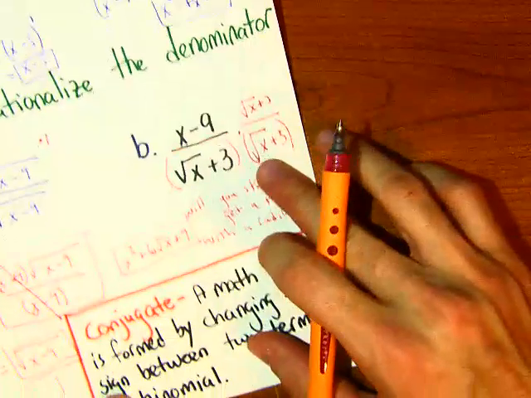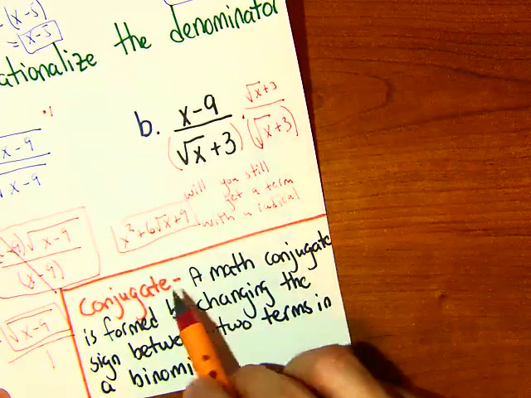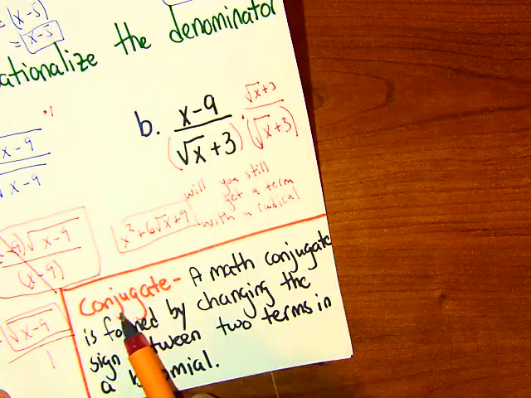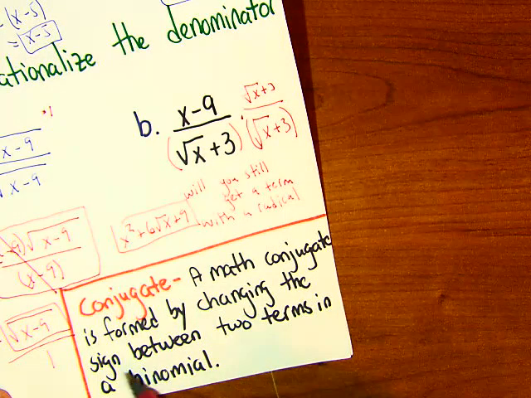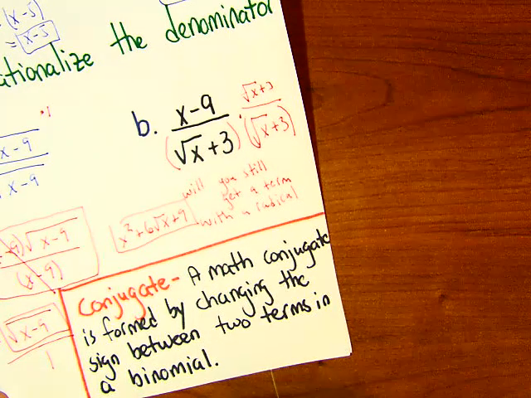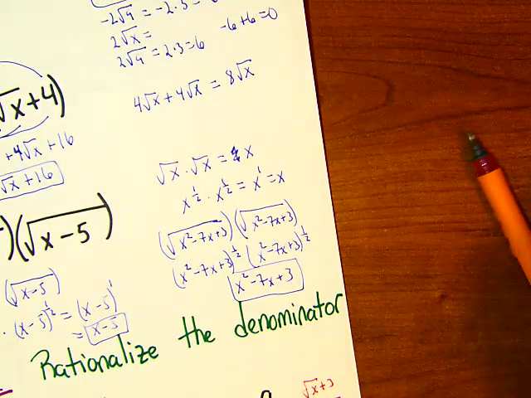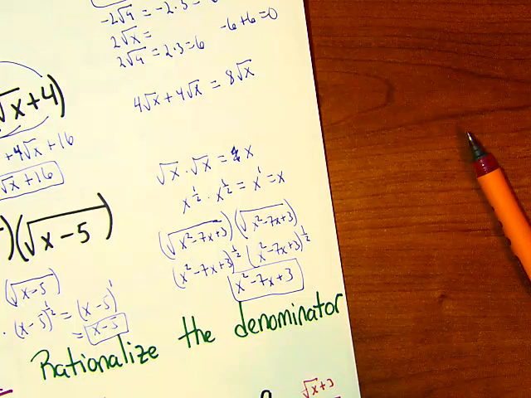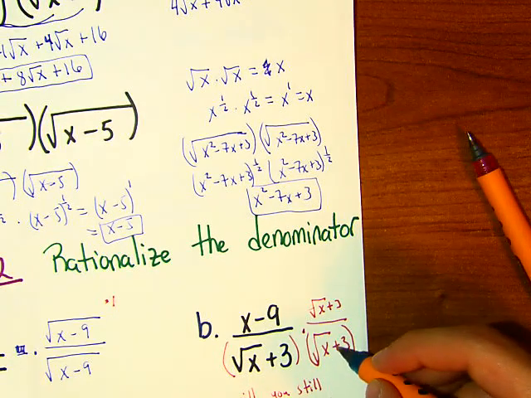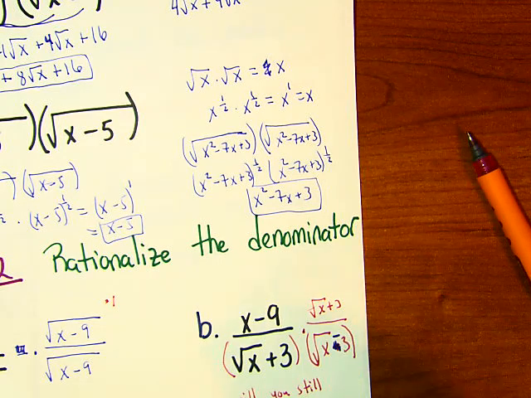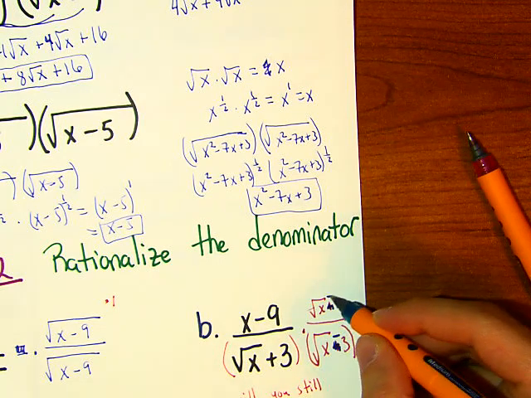What you want to do is something called a conjugate. A conjugate is formed by changing the sign between two terms in a binomial. And this will be the magical thing. Instead of multiplying by square root of x plus 3, I want you to multiply by square root of x minus 3 and square root of x minus 3.